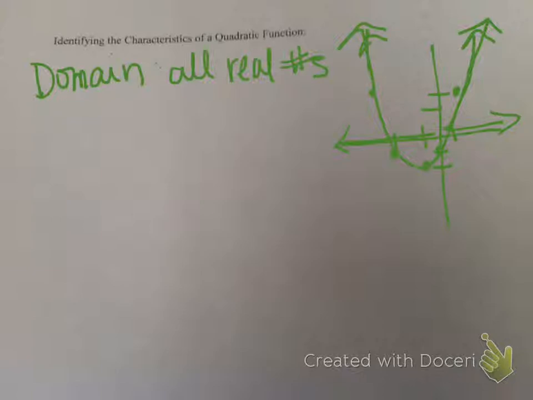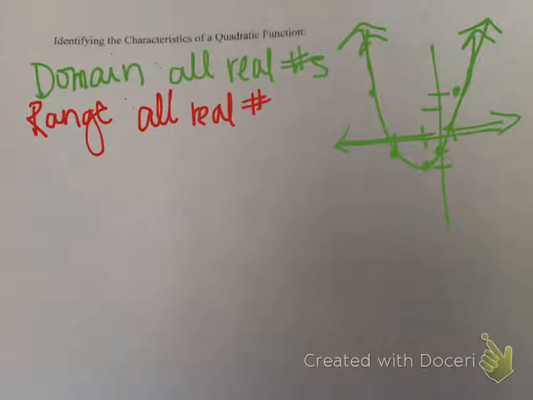The next thing that we would identify is the range. So the range is going to be all real numbers, but it's going to have a stipulation. Because when you're looking at the y-axis, the range, it'll go up forever from this point at the vertex.